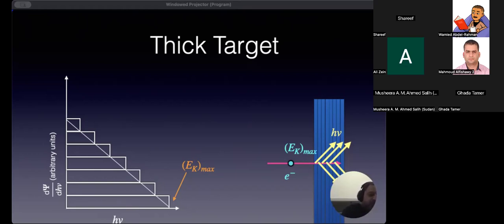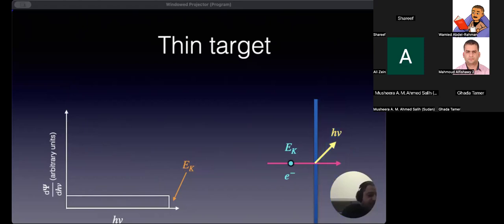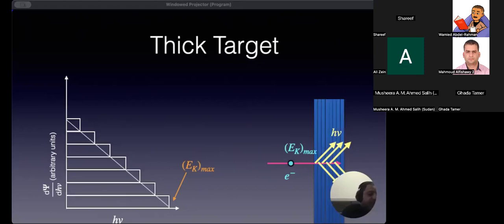Essentially, we're going to get more of a straight line like this. Okay. So this represents the spectrum of photons produced in a thick target. This is in a thin target, and this is in a thick target. This is essentially a straight line.